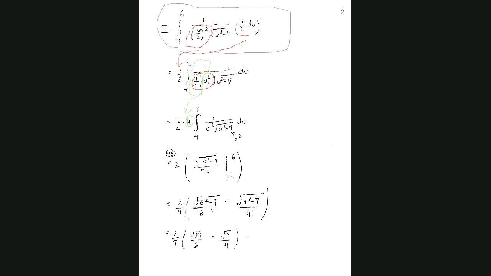Wait, how did we get the 1/4? Okay, good question, Tyreek. One moment here. U over 2 squared is u over 2 times u over 2.